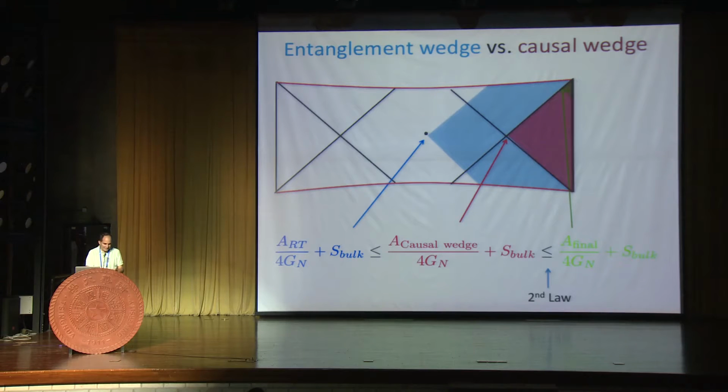Or slightly more precisely, the three different entropies should be the area of this plus the entanglement entropy of this side, or the area of this plus the von Neumann entropy of the fields here, or similarly here. And recall that the object that obeys the second law is precisely this type of area, so the area of the horizon.